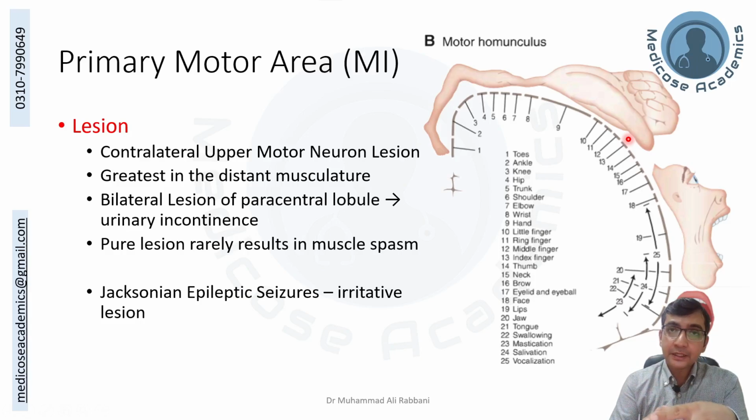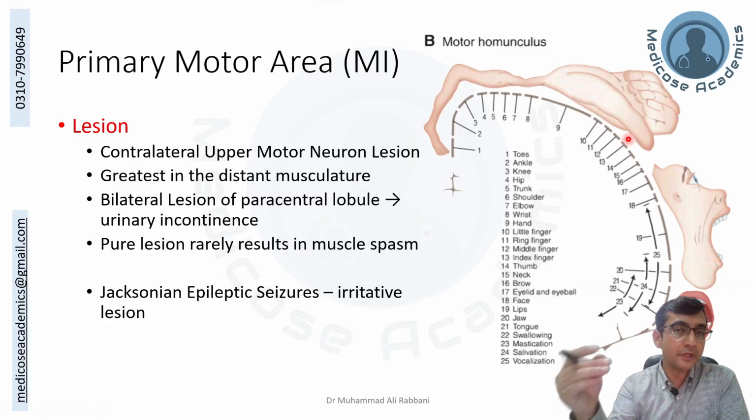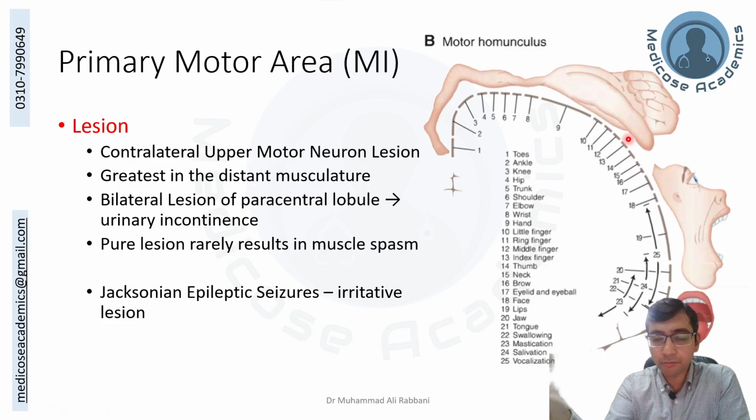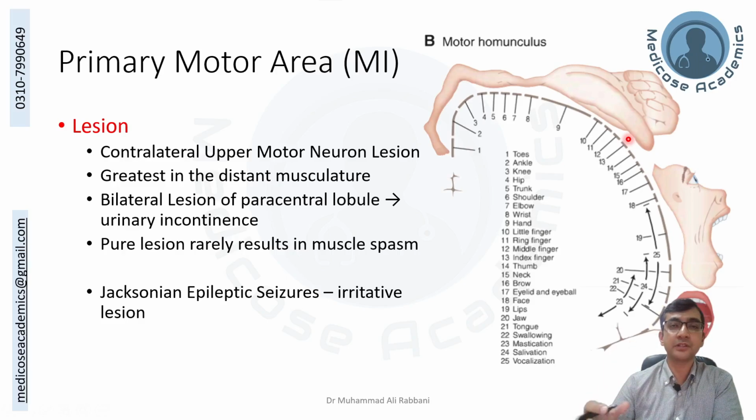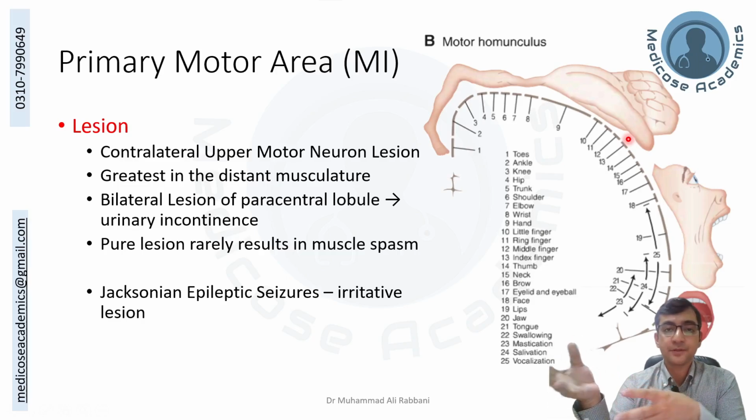Any irritative lesion or insult, maybe a tissue scar or infection or worm or anything, if it starts releasing signals at a particular point of the primary motor cortex, that part will start showing epileptic seizures or movement. So that's called Jacksonian epilepsy.